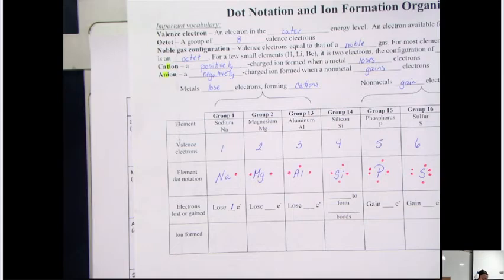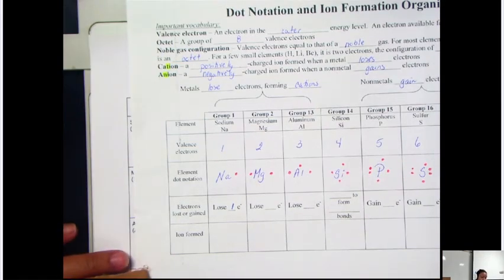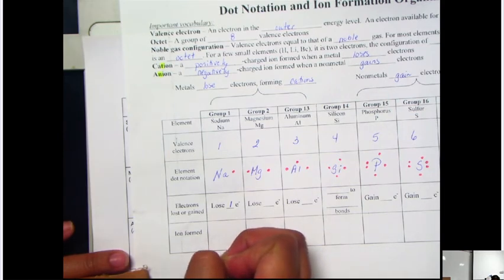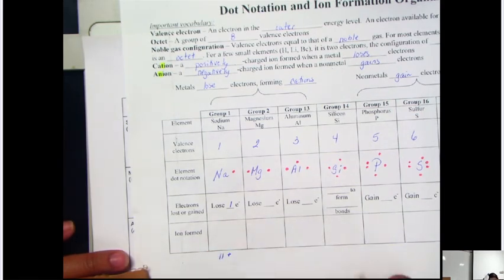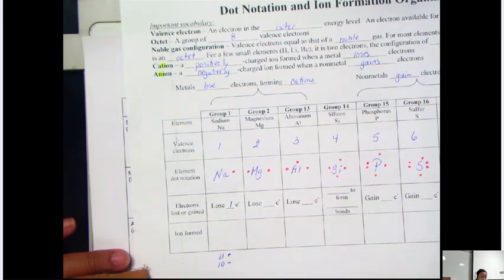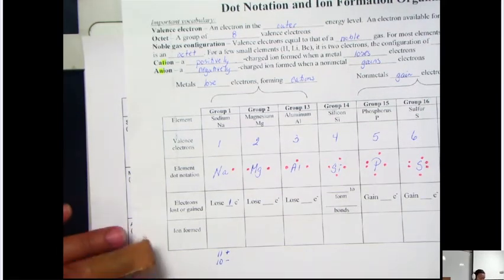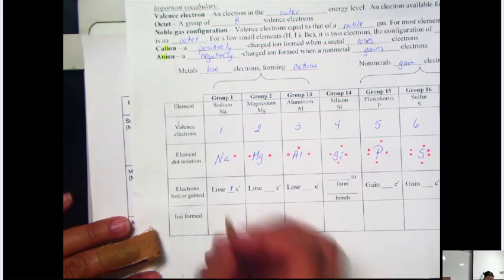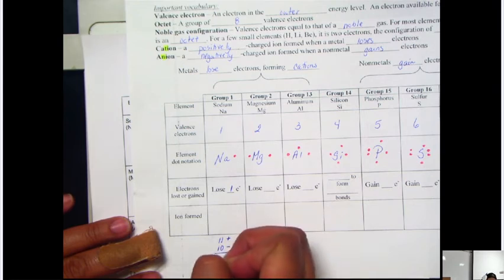But now, because it lost an electron, it has 11 protons and only 10 electrons, 10 negatives. As far as that, what would that be mathematically? What is 11 minus 10? 11 minus 10 is going to be a positive 1, plus 1.